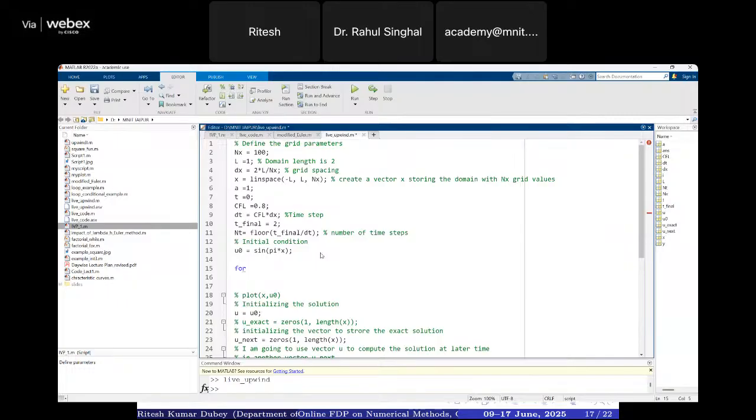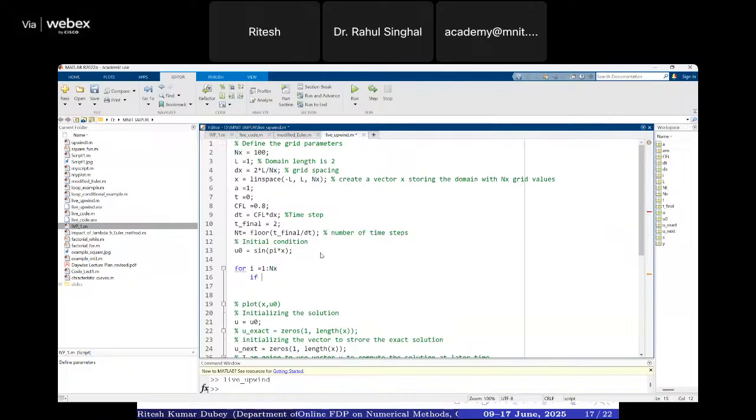The next initial condition is I equal to 1 to nx, and if absolute value of xi, absolute is the inbuilt function, is less than 1 by 3, then you are taking u0 I is equal to 1, else u0 I equal to 0, and then you can put end.